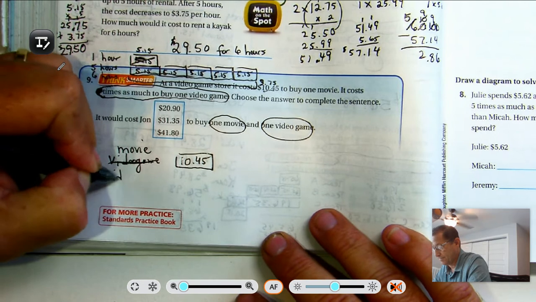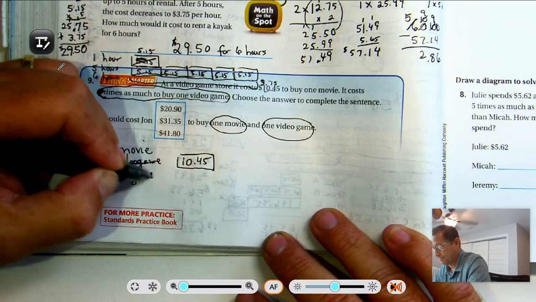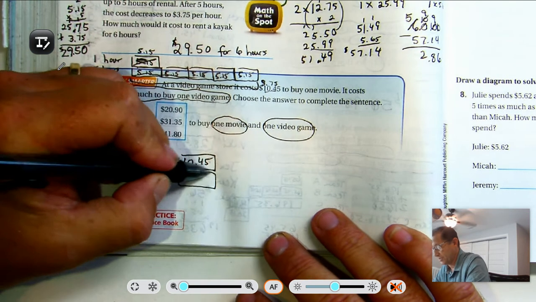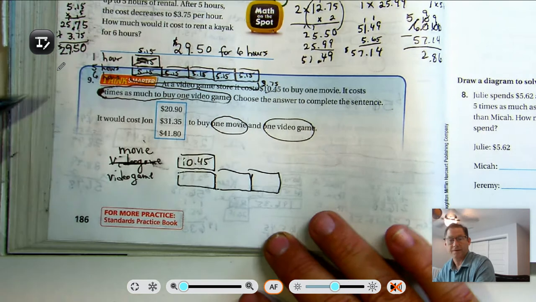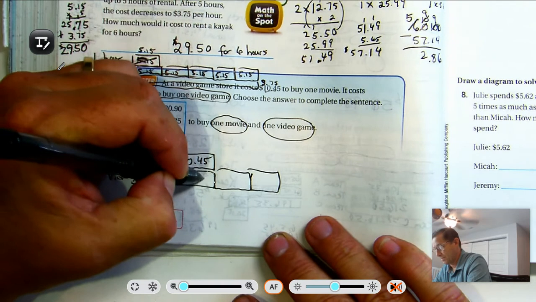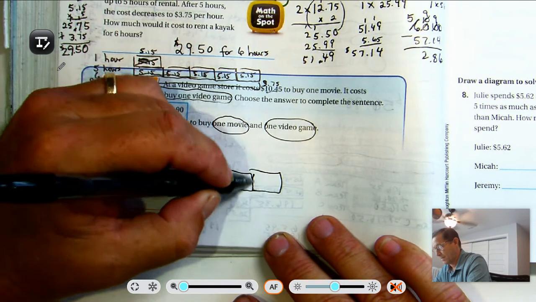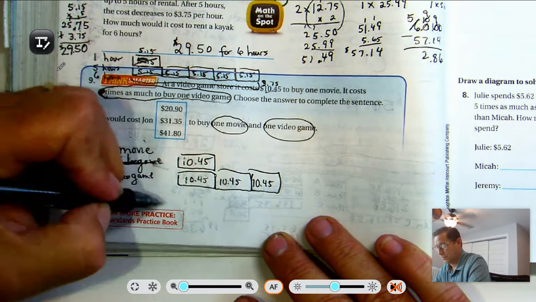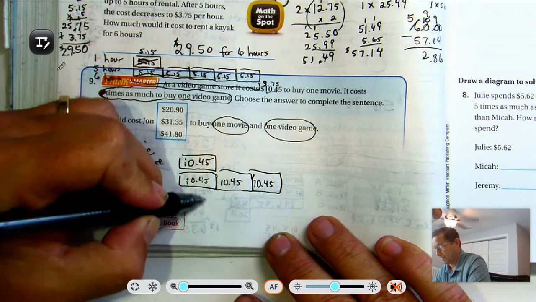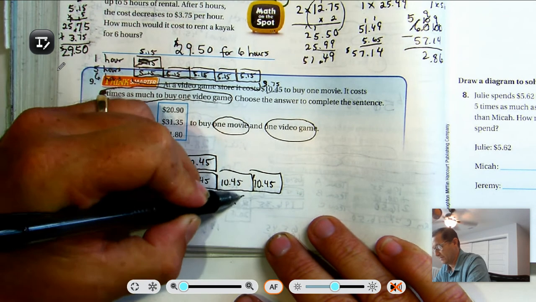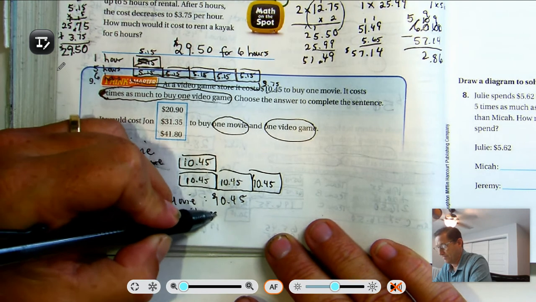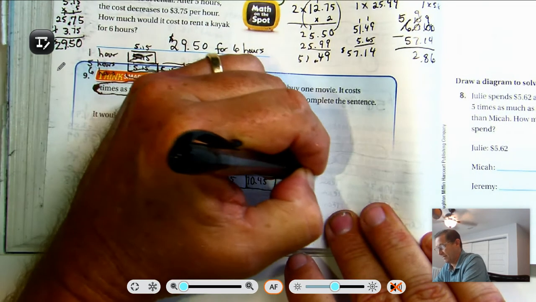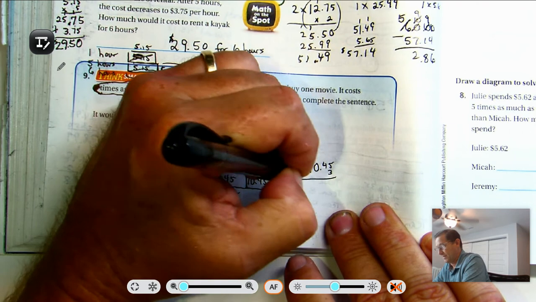The video game is 3 times as much. Okay. So we know the movie is $10.45. We need to figure out the video game, which would be $10.45 times 3.